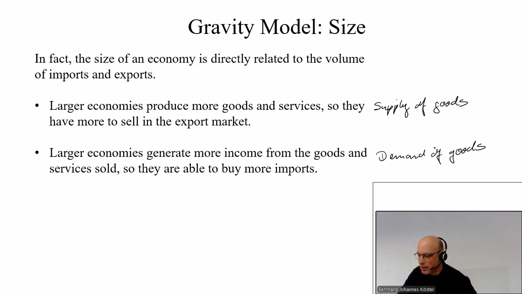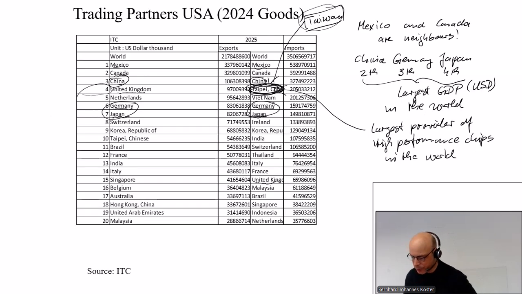And now let's go into more detail because of this distance argument. There, until now, Canada and Mexico are just neighbors, and then I just can send a truck to these. This is the general transportation cost argument. But let's go back into this one.